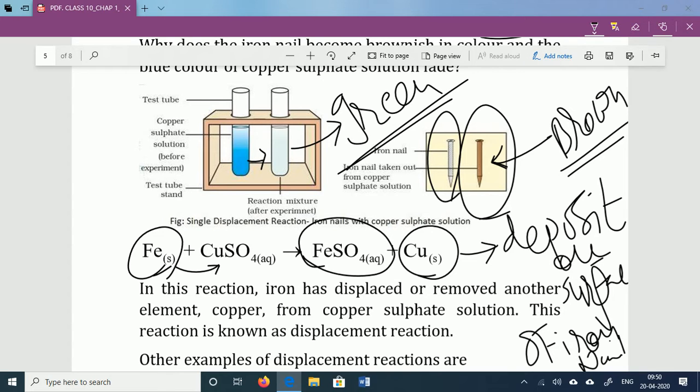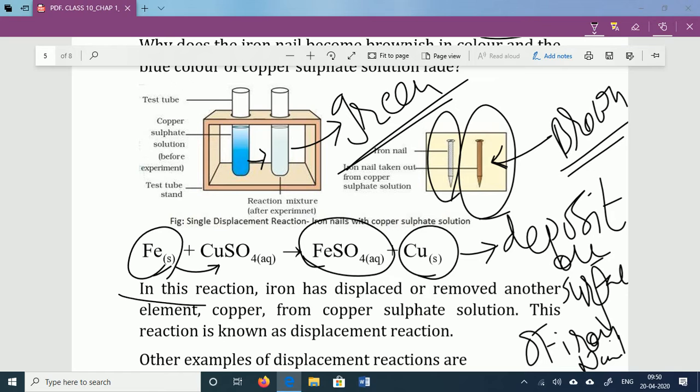But here we placed the iron nail for 2 hours, otherwise 4 hours, and we observe that the blue color intensity decreases. So this process is called a displacement reaction.